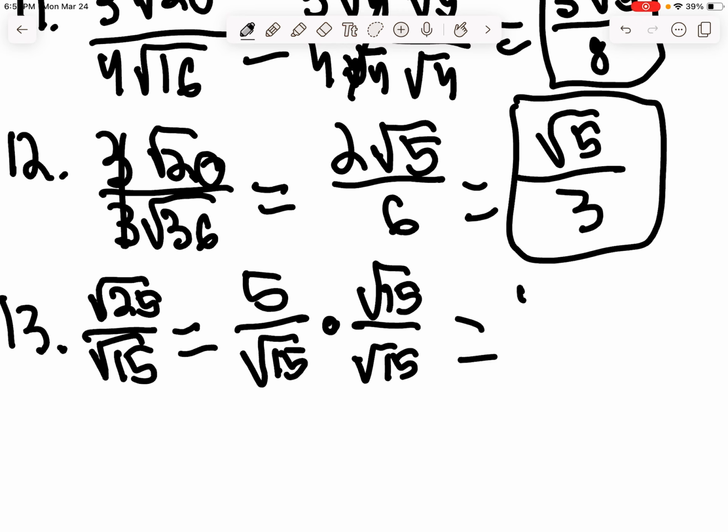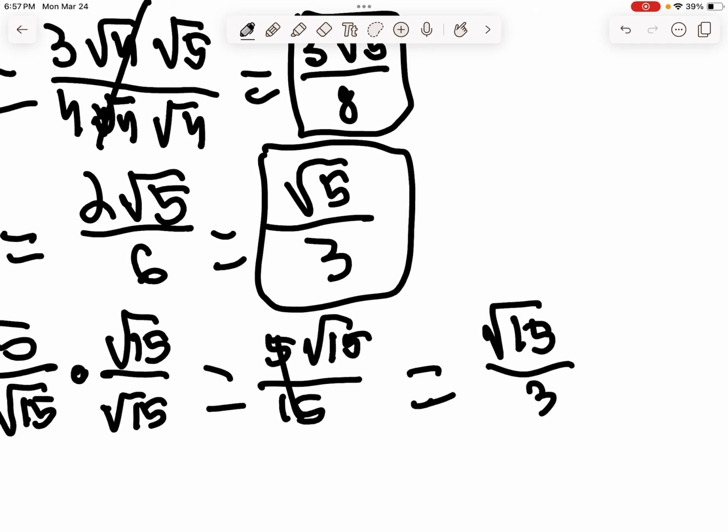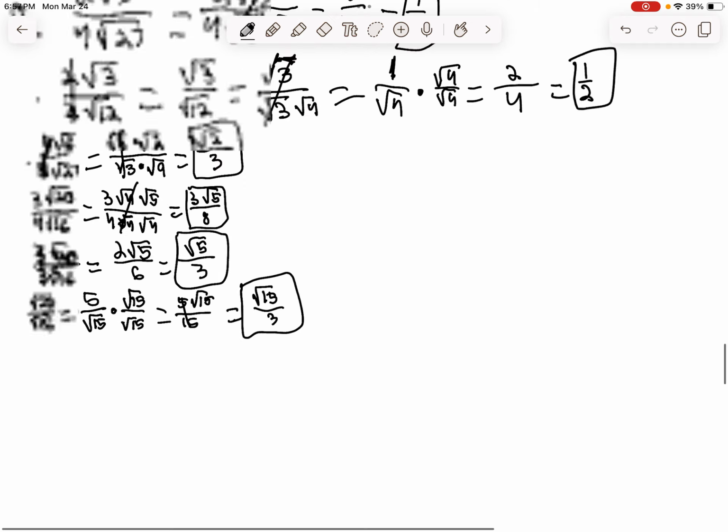That'll give you 5 times the square root of 15 over 15. This cancels out to be 1/3. Then you get square root of 15 over 3. Boom. A nice little box to it.